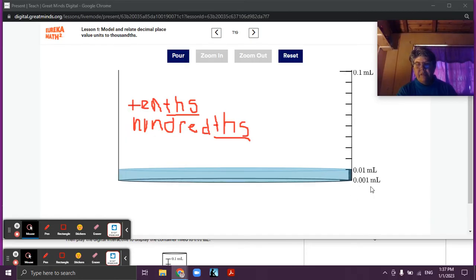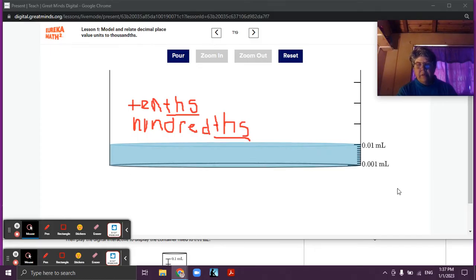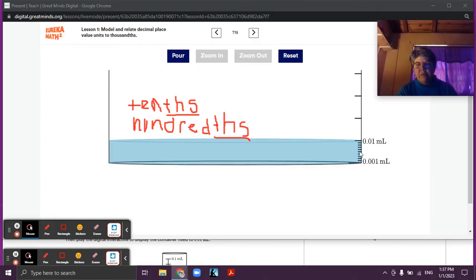Each one of these is going to be 1/1000ths. Okay, see those? 1/1000th of a milliliter. This would be a very, very small measurement, something you would use in chemistry or in biology when you're measuring things that are very small, a very small amount of liquid.